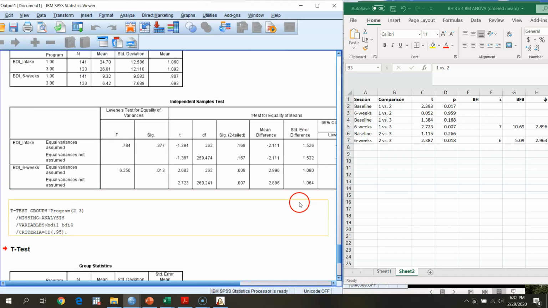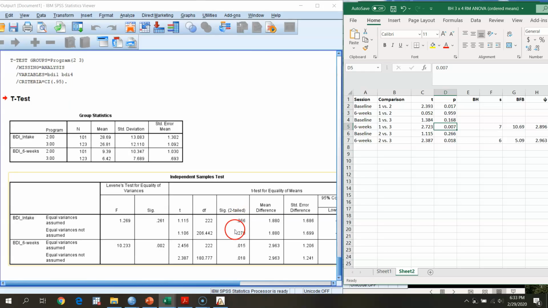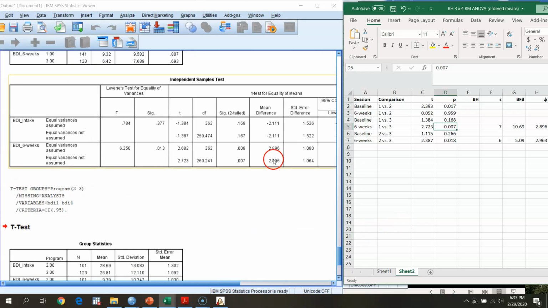I'm going to go down here and do the same thing, 1.38 for a p-value of 0.168. Here I've got a violation of homogeneity of variance, so I drop down and look at this value here, 2.732, 0.007. Okay, got the p-value at 6 weeks, and then the same thing down here.